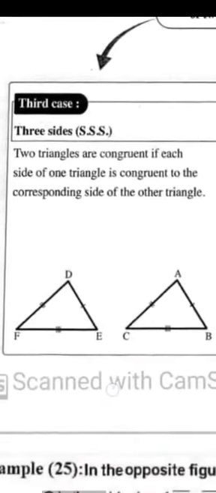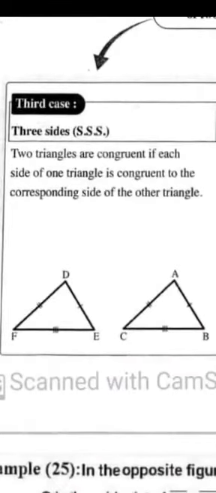We have two triangles ABC and DEF. We find AB equal DE, BC equal EF, and AC equal DF. So we have the three sides in the first equal the three sides in the second. It means the first triangle ABC is congruent to the second triangle DEF, and we call this case SSS. It means side, side, side.